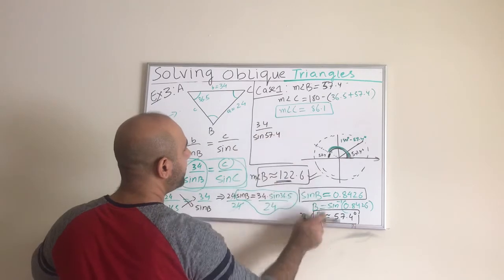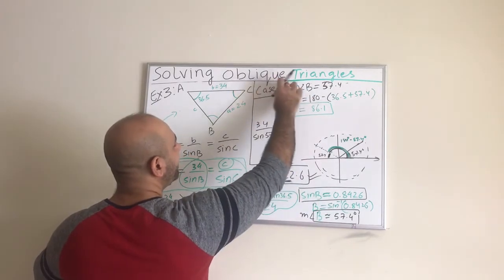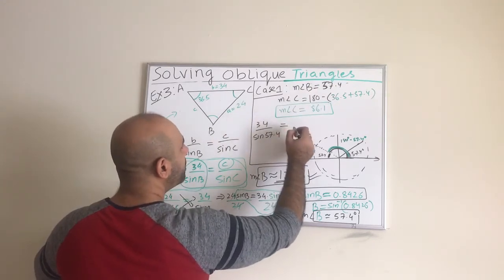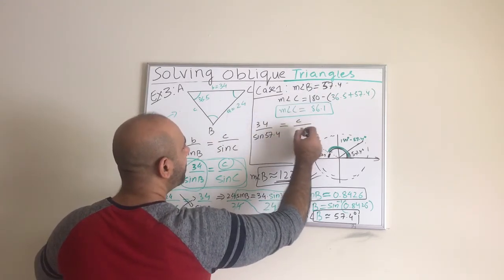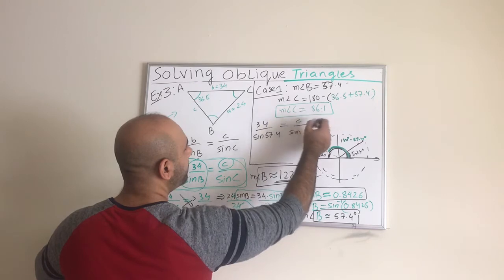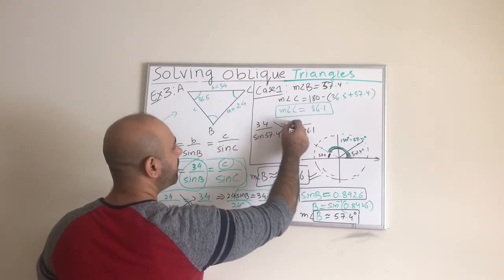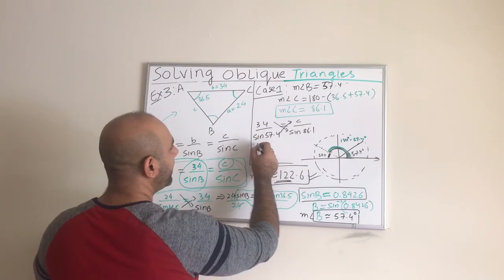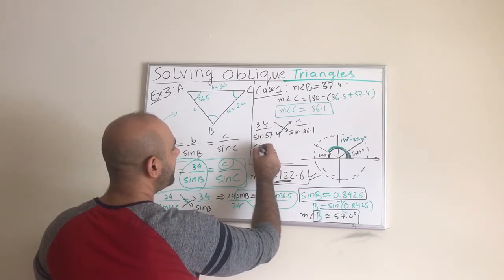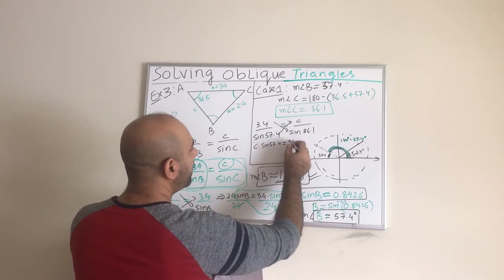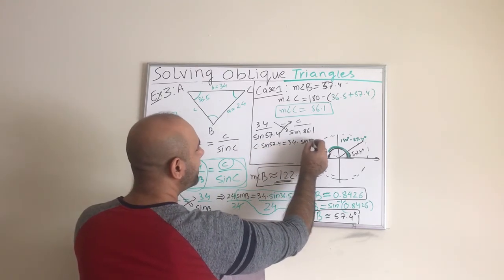This is equal to the length C over sine of C, which is sine of 86.1. To find C, you've got to cross multiply. When I cross multiply, I get C times sine of 57.4 equals 34 times sine of 86.1.